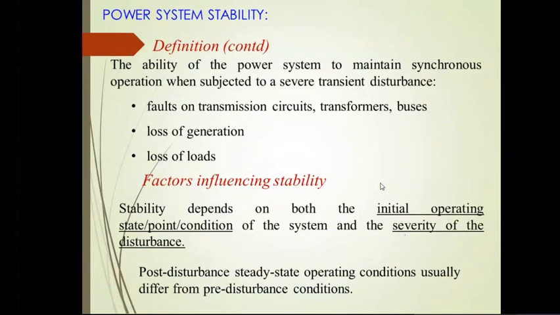So now your initial operating point is 2500 megawatt generation and 2500 megawatt load. So this is a perfect steady state condition. But if there is an increase in the load by a further 200 megawatts, an increase in generation cannot be achieved, because your generation is at maximum rated capacity. So generation cannot be increased by 200 megawatts.